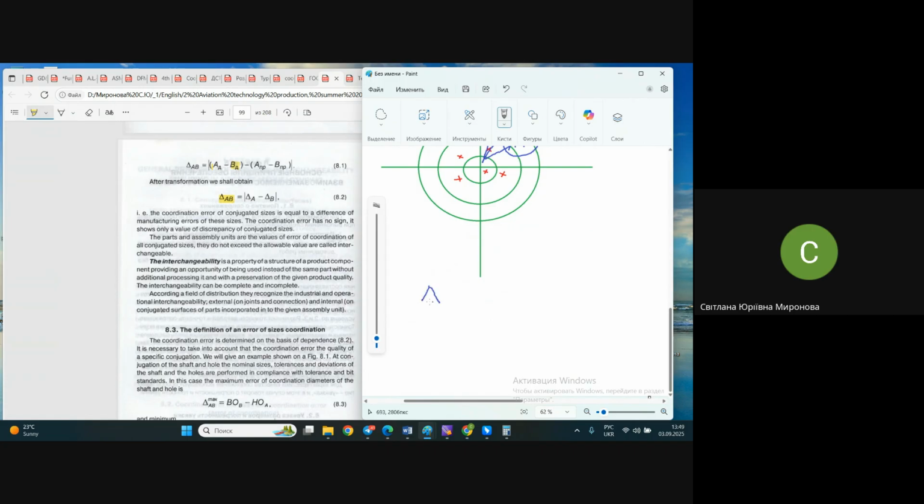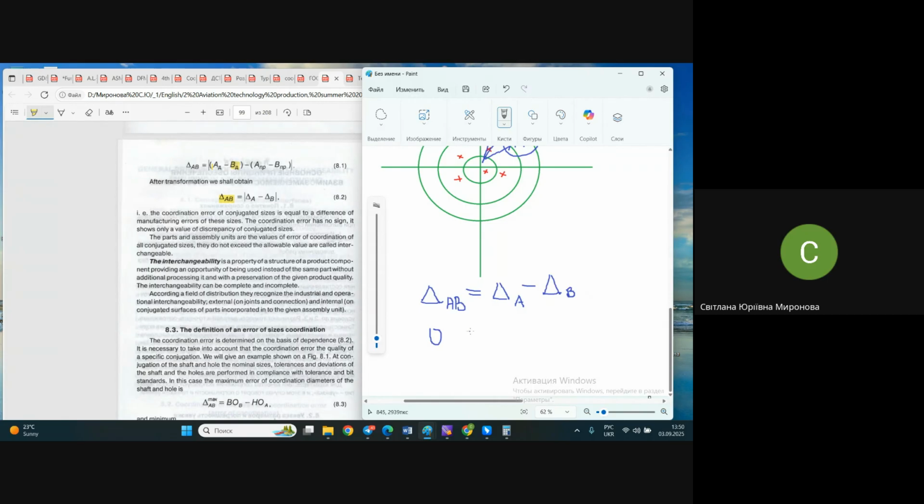Look, here is the accuracy of conjugation of objects, or rather the error of coordination, sorry. The error of coordination of object A and object B is equal to the error of object A minus the error of object B, as it's said in this textbook. I may easily demonstrate how this formula translates into this one, but let's not spend time on this. We need this thing equal to 0.